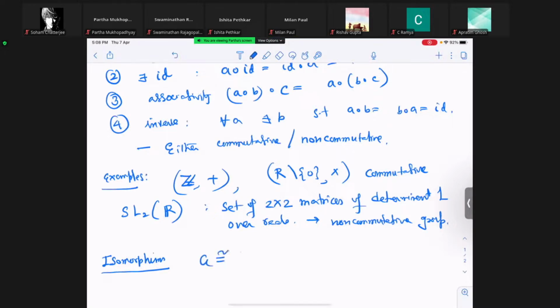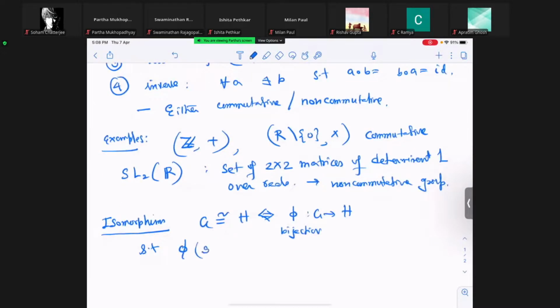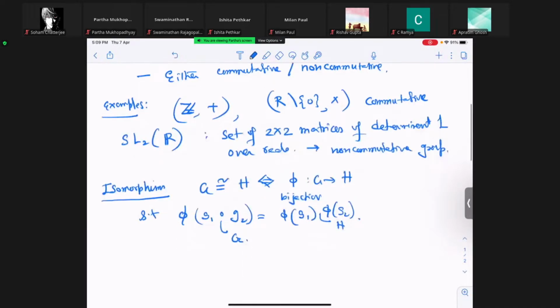G is isomorphic to H if and only if there is a bijection phi from G to H such that phi of g1 g2 is equal to phi of g1 times phi of g2. Here the operation is in H, and here the operation is in G.